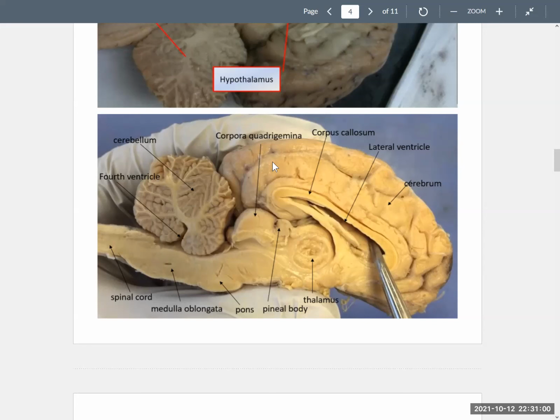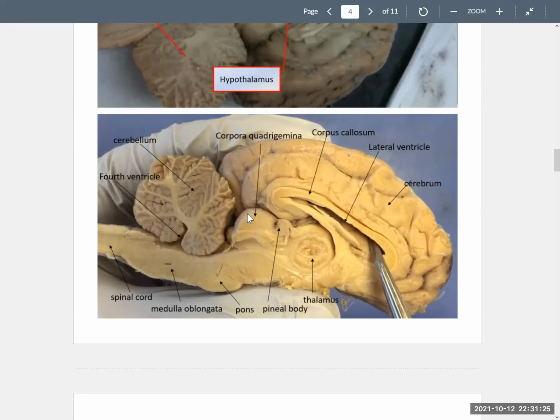Higher thought again. Here's the cerebellum. Here's the fourth ventricle. Unlabeled is the arbor vitae. Come over to the back end of the corpus callosum and drop off. There's the pineal body.